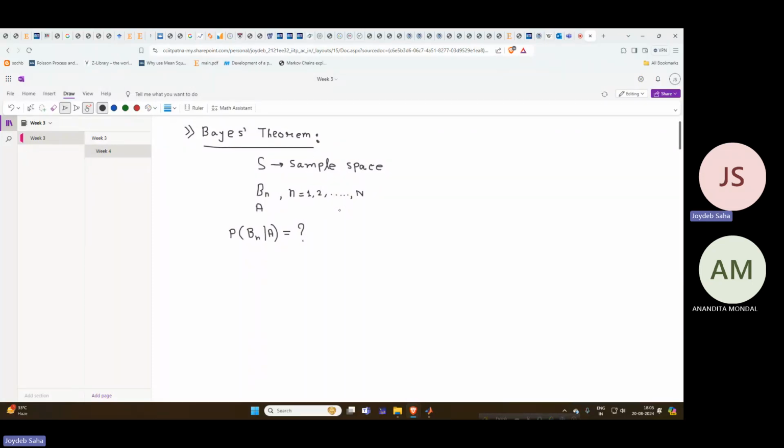So we are discussing the Bayes theorem. S is a sample space, and in this sample space there are multiple events. Let us take capital N number of events, Bn, for n is equal to 1 to n, which means there are events B1, B2 up to B capital N. Fine.